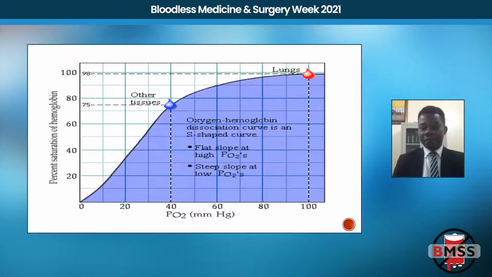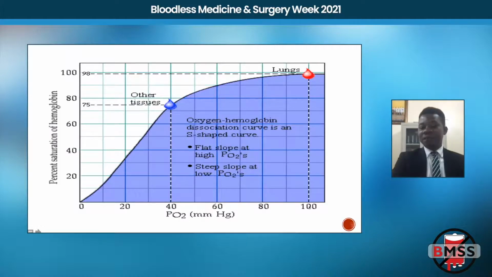If you look at the diagram, you will observe that at 20 millimeters of mercury, the hemoglobin gets saturated up to the level of 30-something%, whereas at 40 millimeters of mercury, it gets saturated. Remember that at 40 millimeters of mercury, we are looking at venous blood oxygen tension. It gets saturated to about 75%.